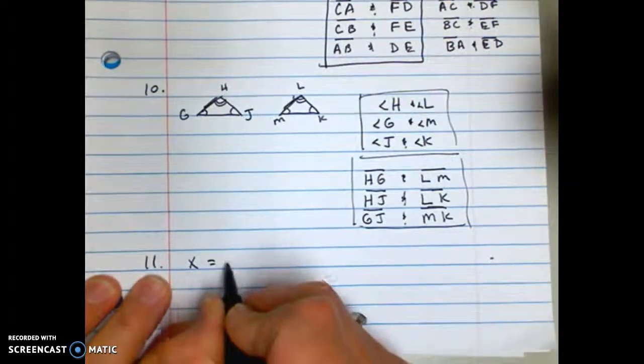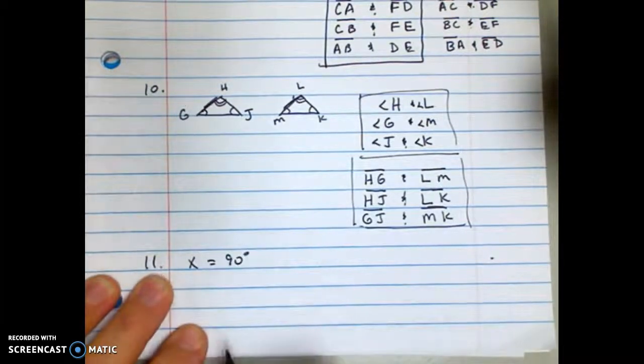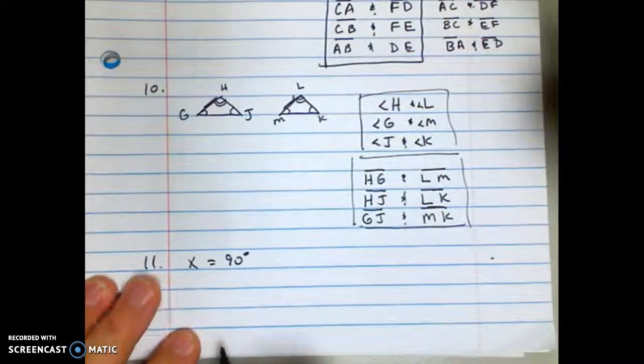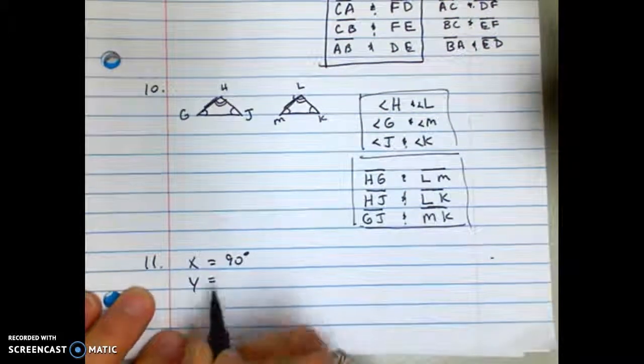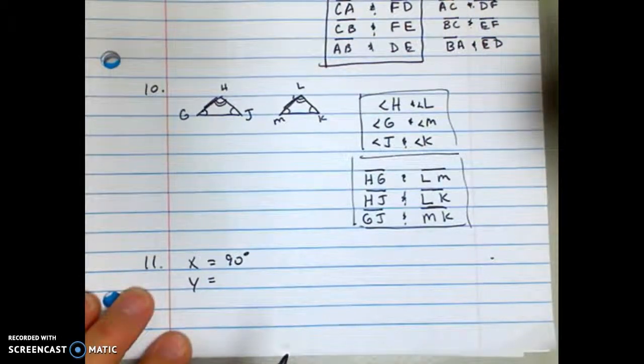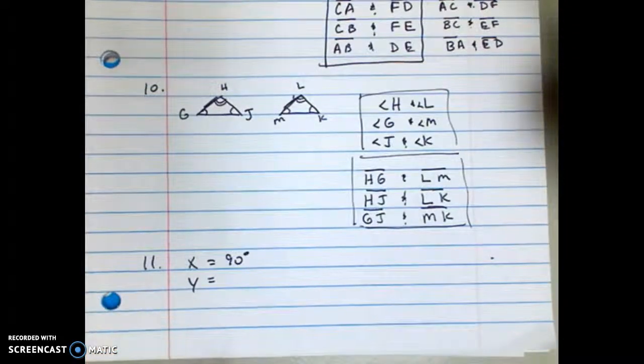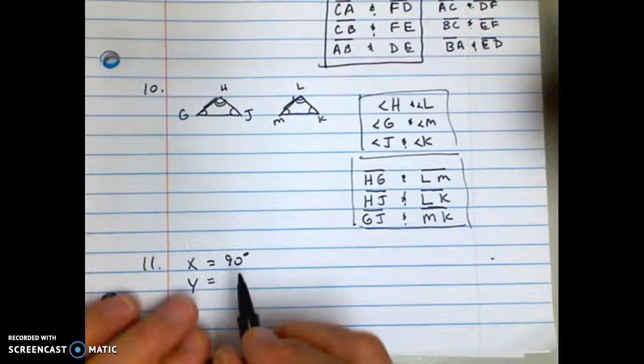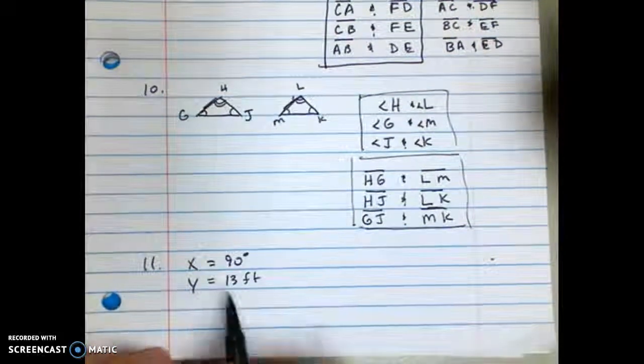So we know that x is going to be equal to 90 degrees. And y is the side on the top. So if we turned it, what would be the length of y if it matches up to the second triangle? And if you said 13 feet, you are exactly correct.